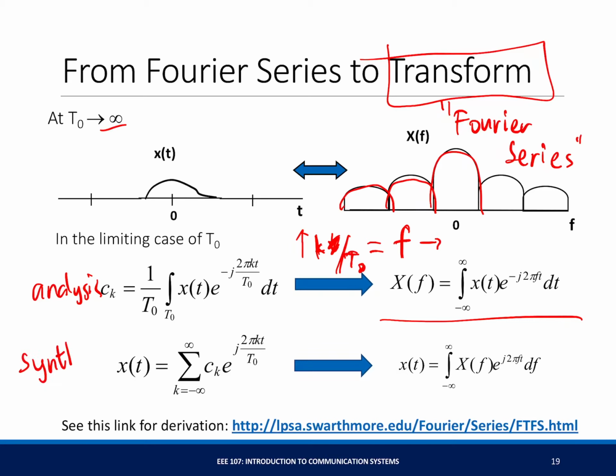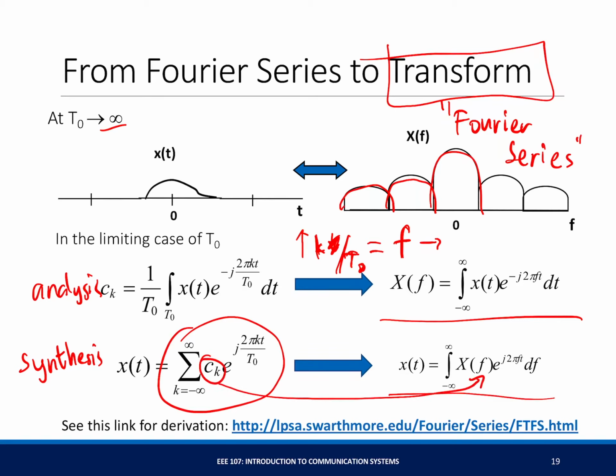And your synthesis equation, instead of being a summation, will now become an integral, since your c sub k will now be a function of f instead of a discrete series. For the derivation, you can just access this link. So basically, we can derive the Fourier transform from the Fourier series by assuming the period of your signal approaches infinity. And with that, your Fourier transform, or your line spectrum, becomes continuous. And that's what I mentioned earlier.